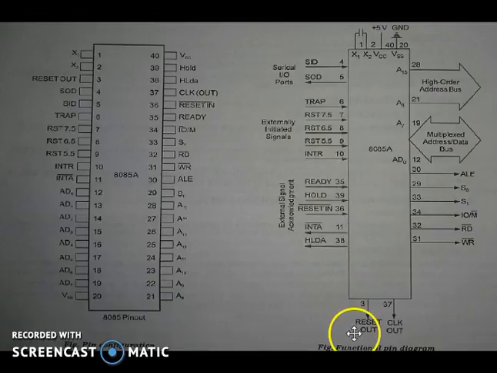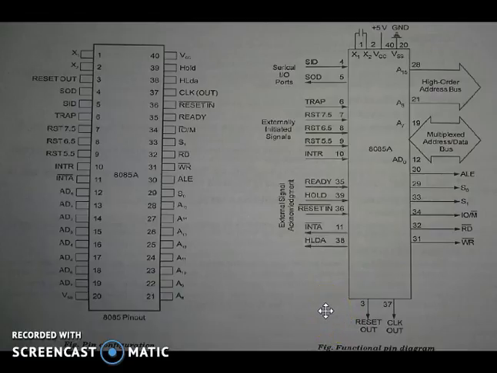And when we talk about the reset out, this signal indicates that the microprocessor is being reset, and this signal can also be used to reset other devices.